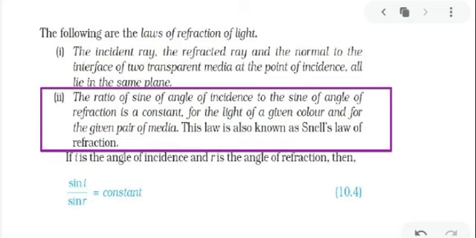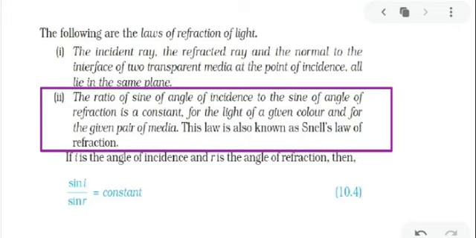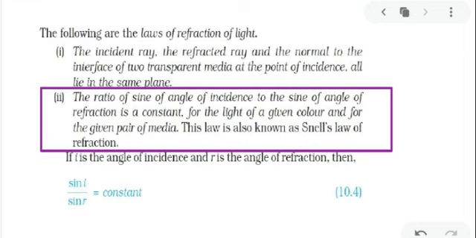This was your Snell's law. So there are two sets of laws in the laws of refraction of light.